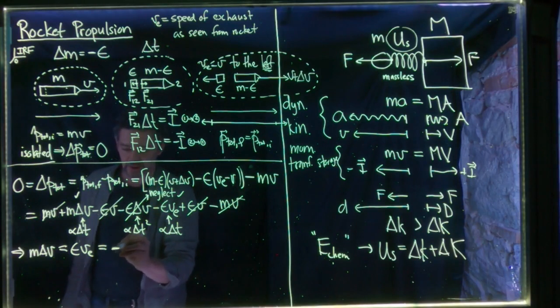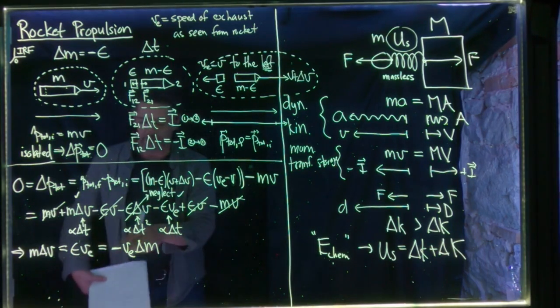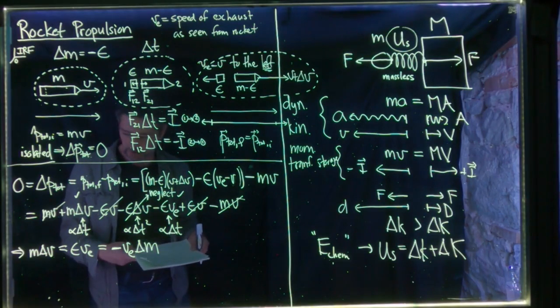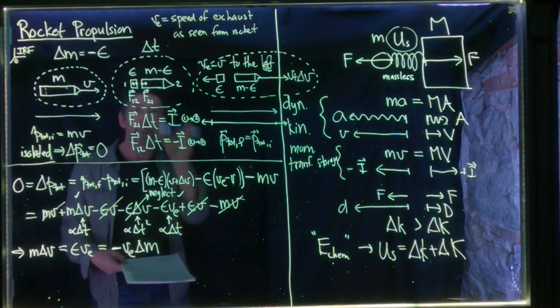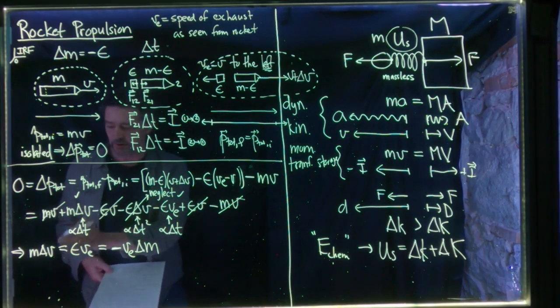So this is negative, let's write down the VE first, times delta m. So we have m delta V is negative VE delta m. Okay, and then we're going to take the calculus limit here, where delta t goes to a dt, a differential, and delta v goes to dv, and delta m goes to dm.